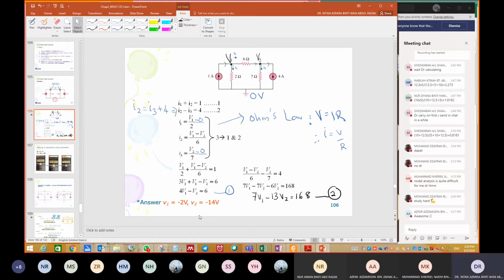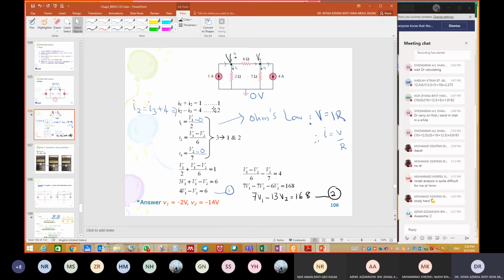Now try to get V1 and V2 by using calculator or manual calculation, up to you. It is important to rearrange your equation in terms of V1 followed by V2 and then equal to the round number.